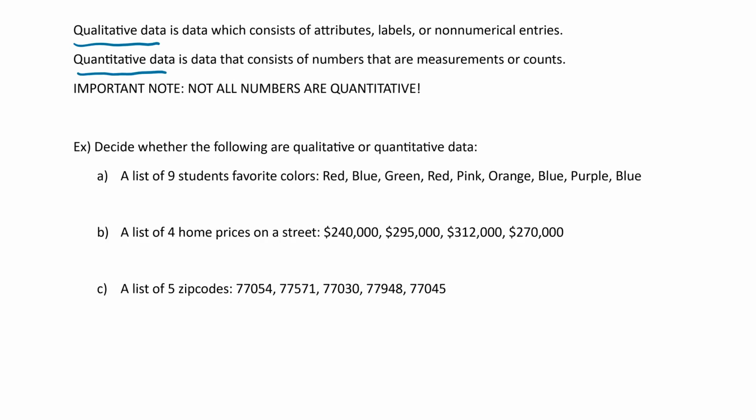All right, so let's take a look at a few examples and try to go through them. Decide whether the following are qualitative or quantitative data. For part A, a list of 9 students' favorite colors: red, blue, green, red, pink, orange, blue, purple, blue. So in this case, it's words. If you see words, you can pretty much just automatically say, this is qualitative.